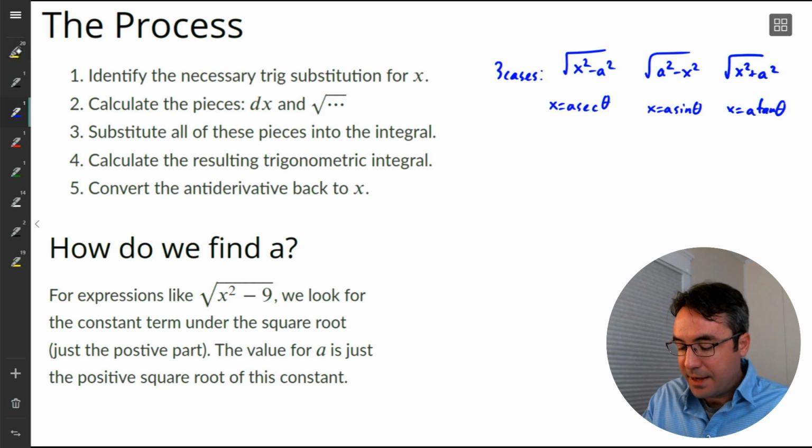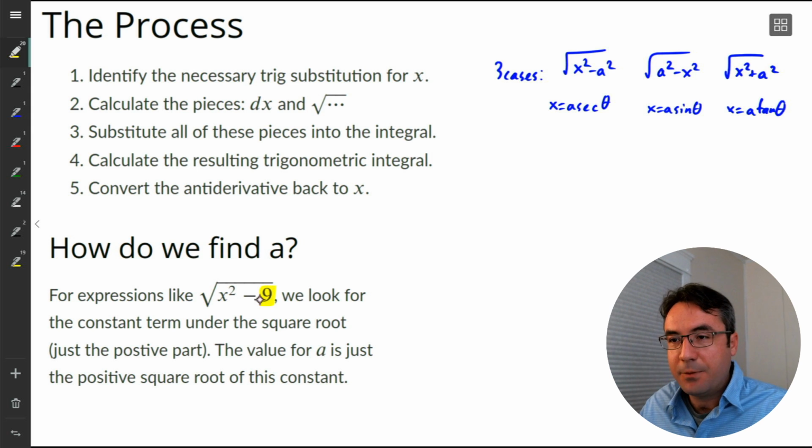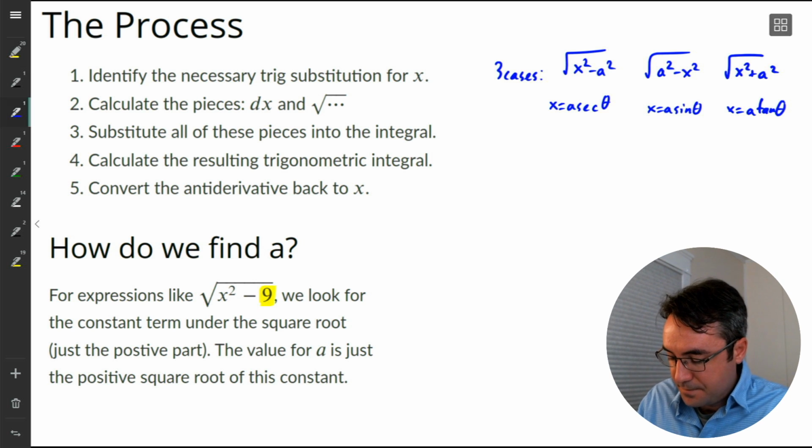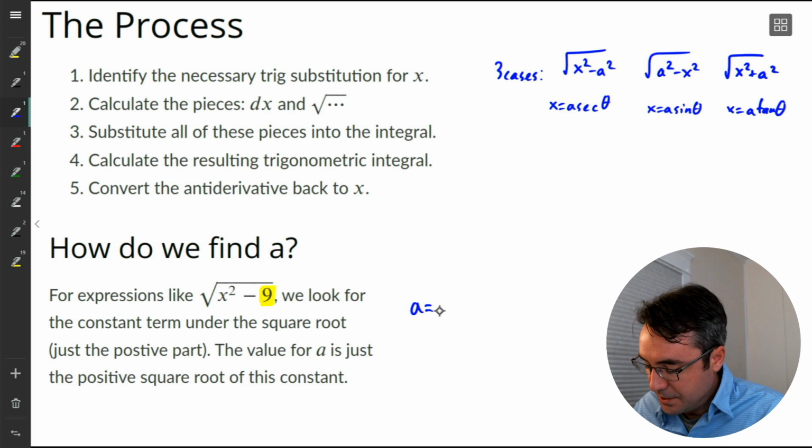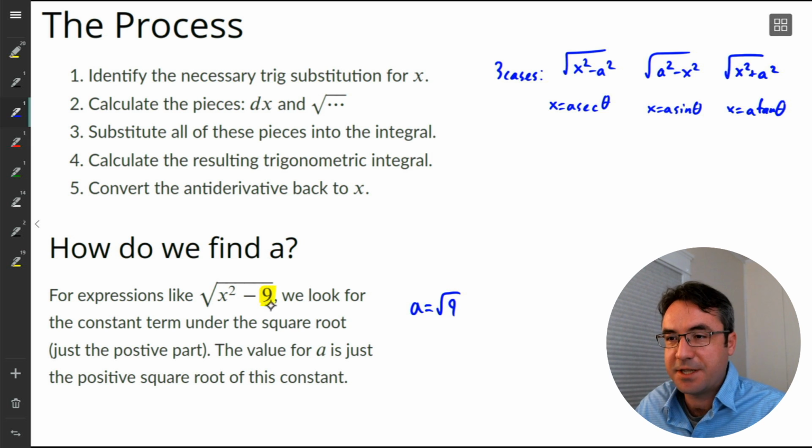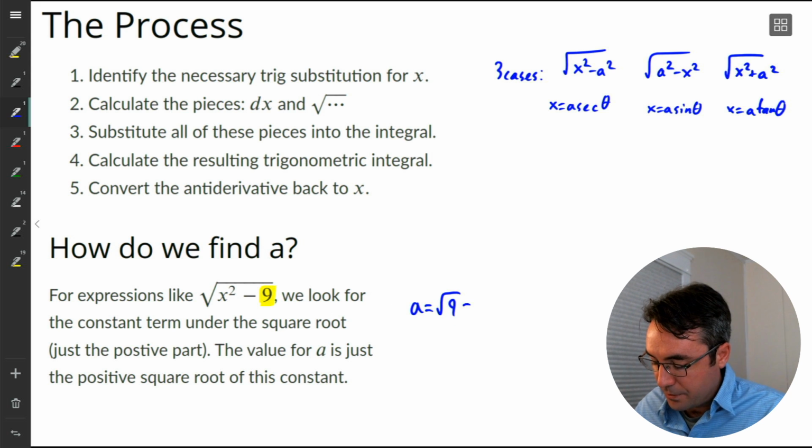Well, we identify the constant term, and we just look at the positive part of the constant. You might think of this as minus 9, but we're just interested in that constant piece, just the positive part. The value for a is just the square root of that constant. So if we see a 9 here, a equals square root 9, or 3.